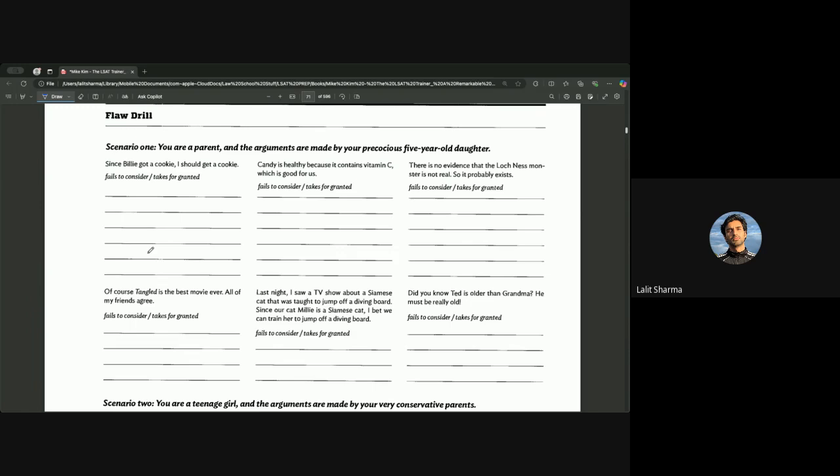They're the same logic underneath, but they just use a different situation. So they'll make an argument about Swiss cheese and bacteria or something, and it will have the same logical fallacy as some other argument about mice and their reproduction habits or whatever.